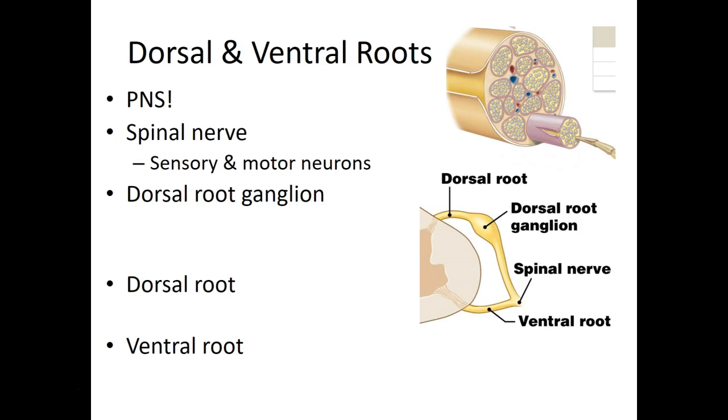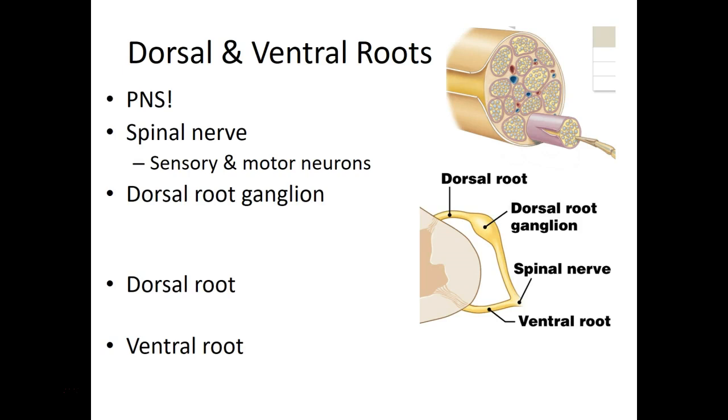Both, right? So as you get past these roots, that nerve has axons that are conducting information in both directions. Afferent, bringing information towards the central nervous system, and efferent, bringing a signal to skeletal muscle in this case.